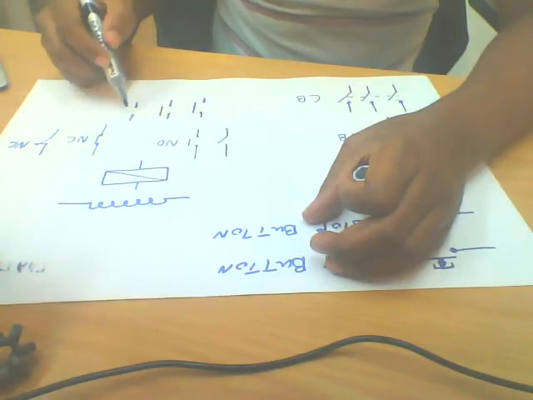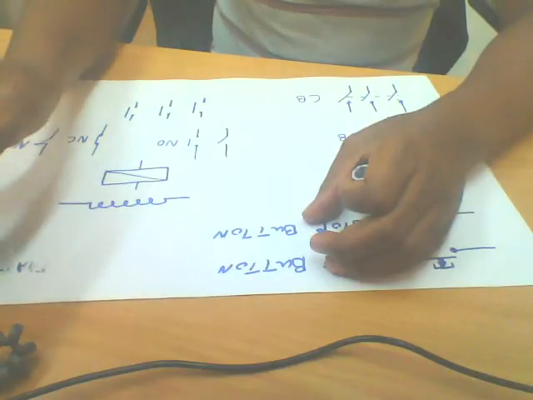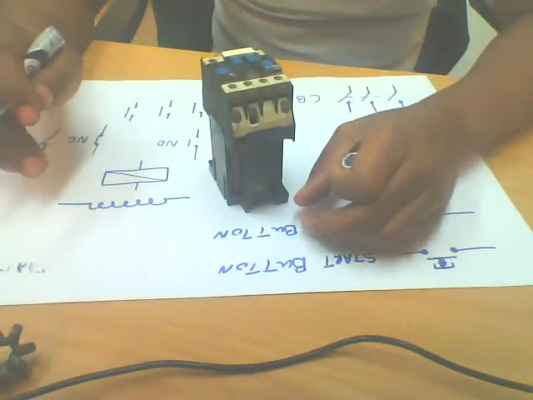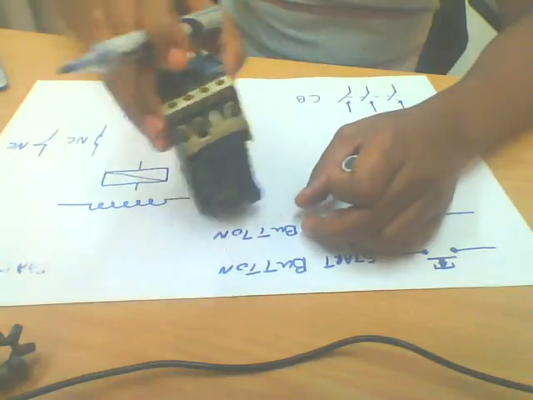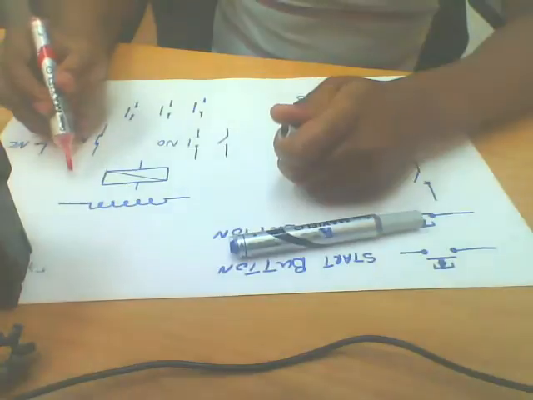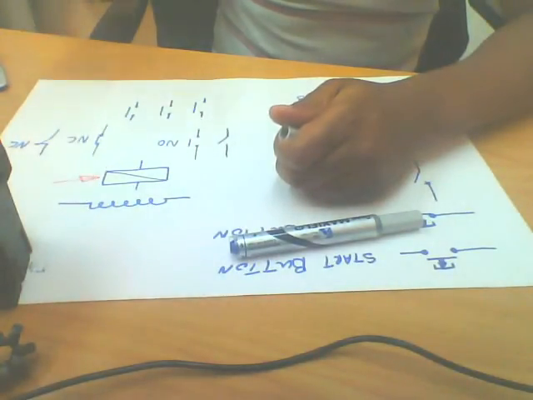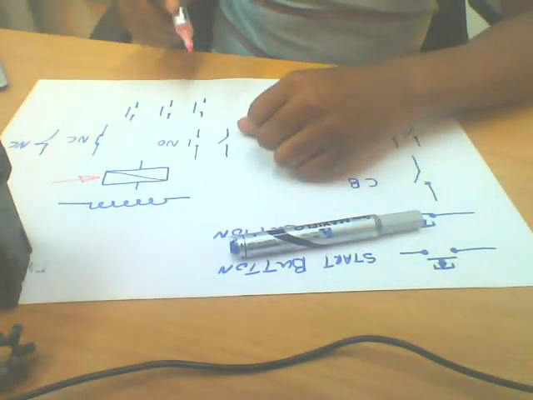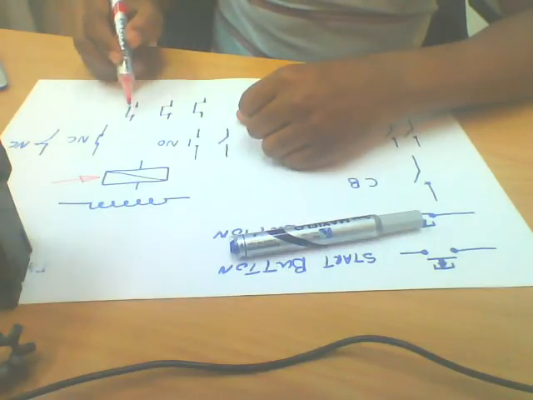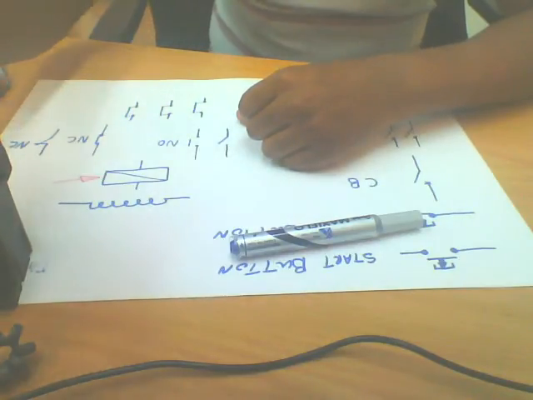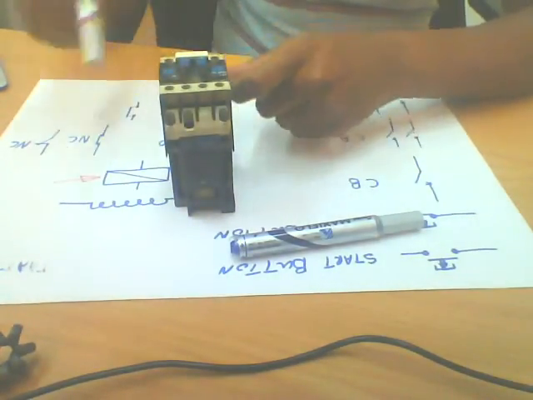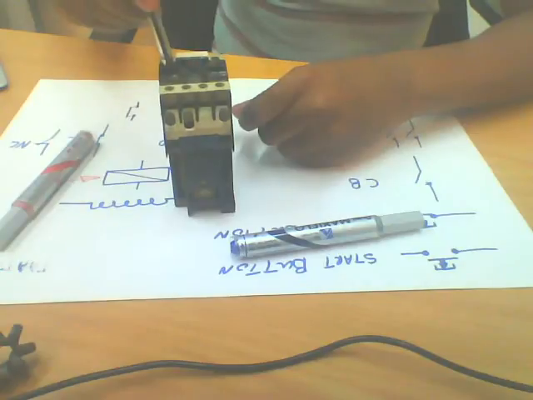It has these contacts which are open before the coil is energized. But when the coil is energized now, these contacts will now close to transfer power from this side to this side.